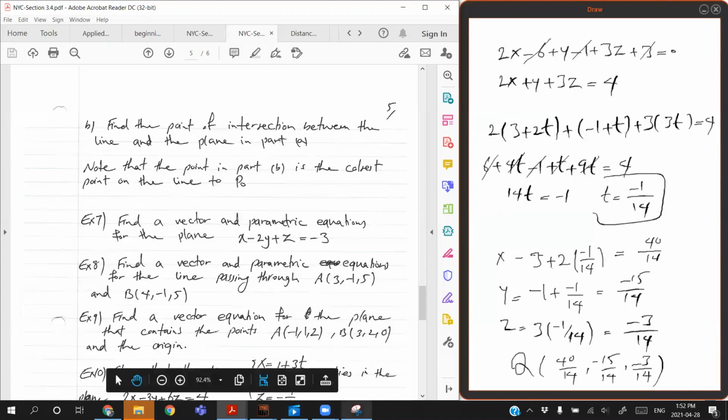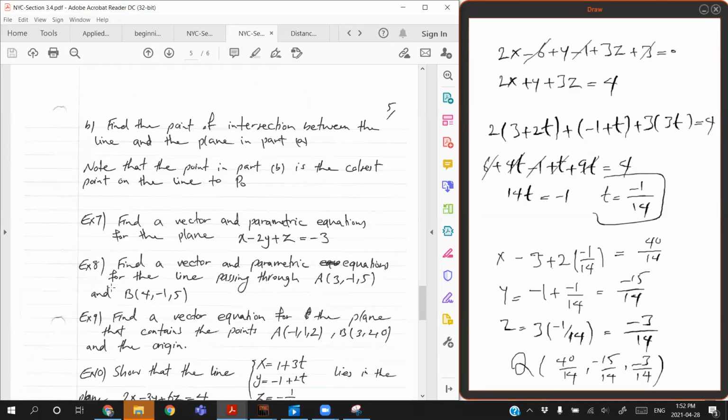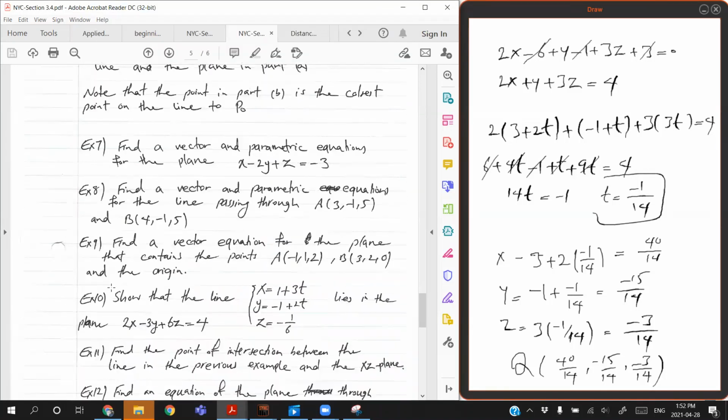Yes, there are many points on this line, but the closest one to P0 would be Q, which is the point of intersection between the line and the plane we found in part A. Any questions?